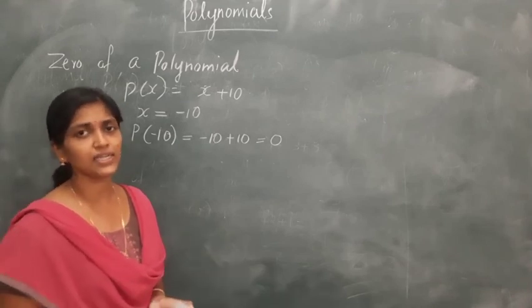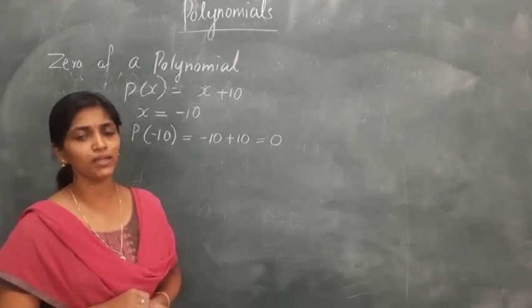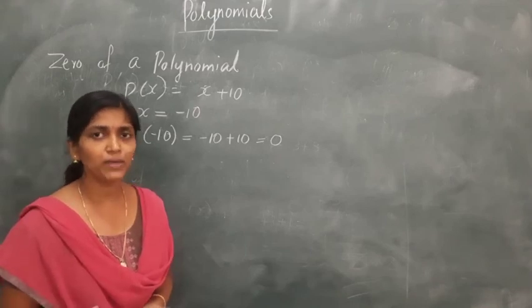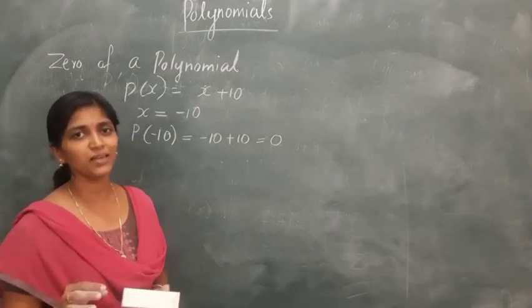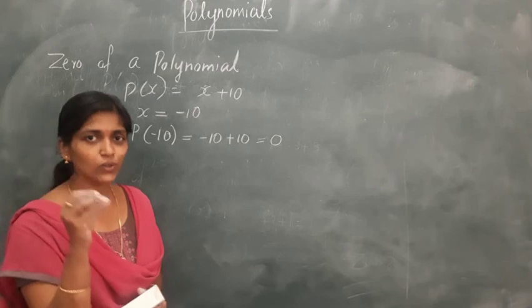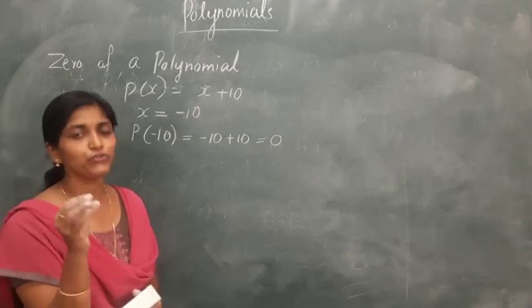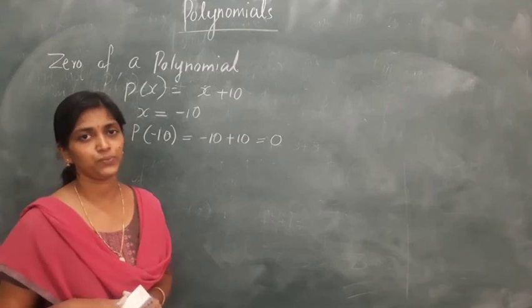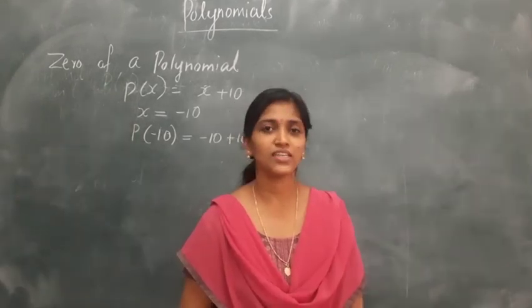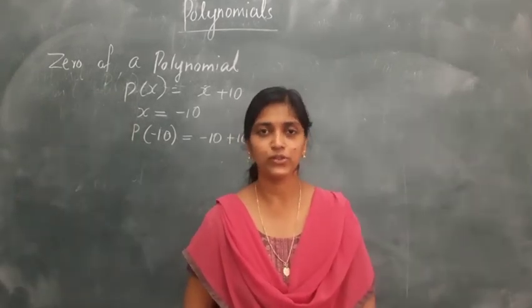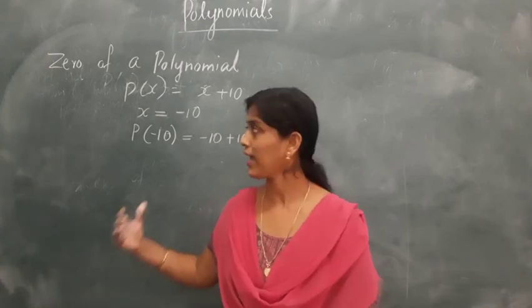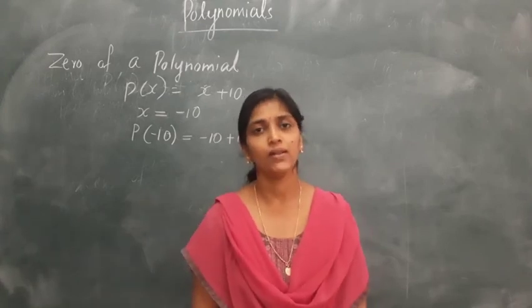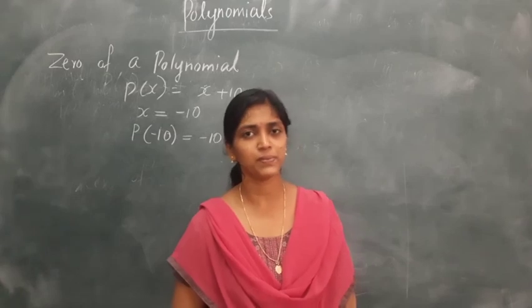I think it is clear what is the zero of a polynomial. The zero of a polynomial is nothing but those values of the variable for which the polynomial value becomes 0. So in this section we have studied what is the value of the polynomial, and also we began the zero of a polynomial.